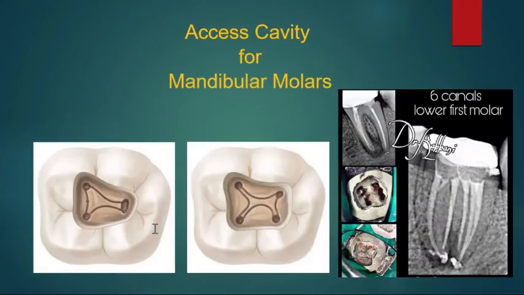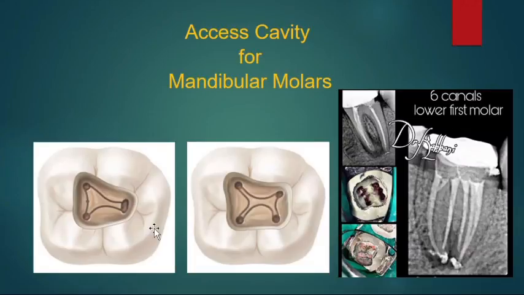But when I tried to retrieve the tooth, I found two other canals, so in total we had six canals. Also, this tooth can have five canals, like three canals in the mesial, two canals in the distal. I retreated other teeth that had two canals in the mesial, three canals in the distal, so it can vary a lot.